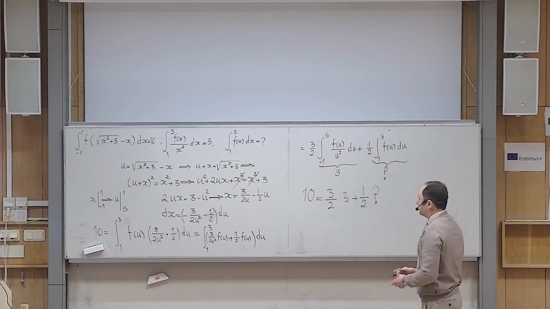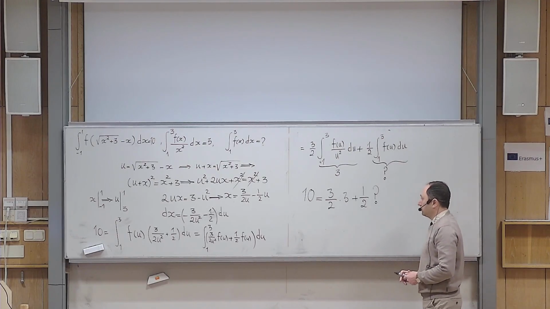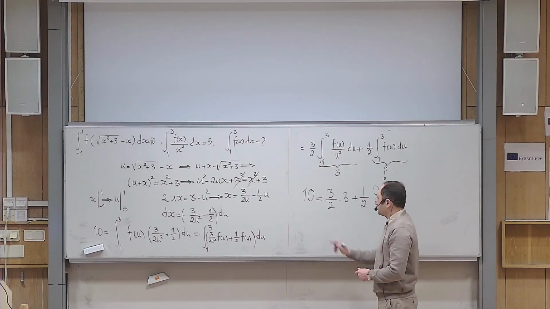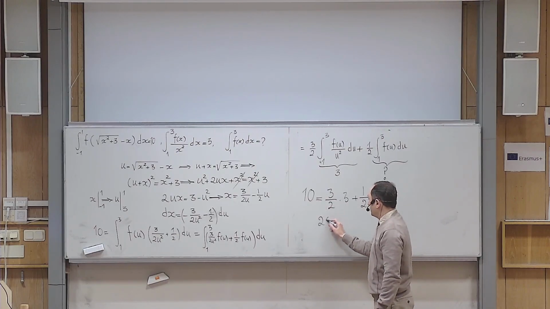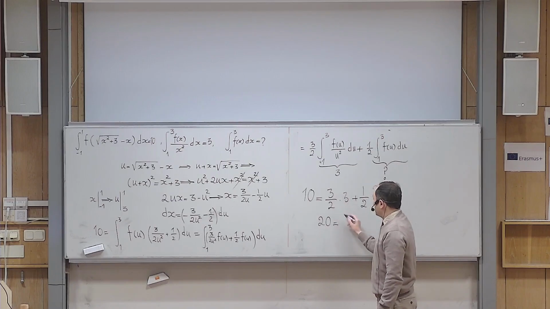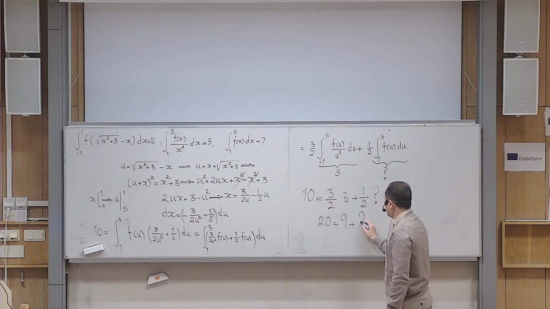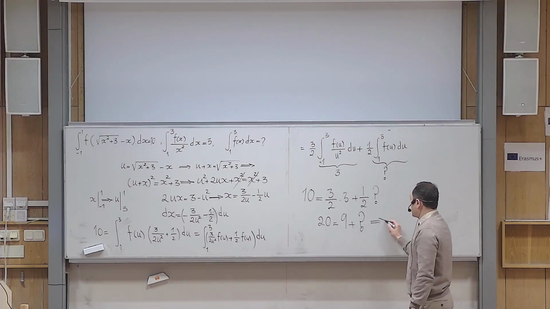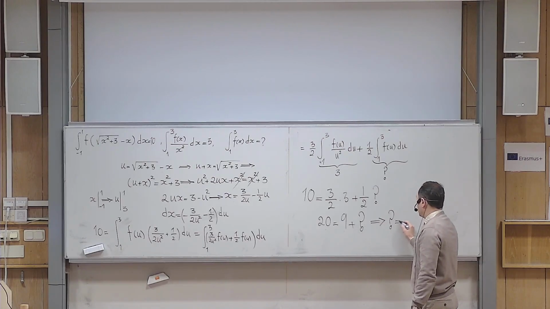And that is an extremely simple calculation now. So if I multiply everything by 2, the left-hand side becomes 20, this becomes 9, and this becomes just my question mark. So this means that the question mark is simply 11.